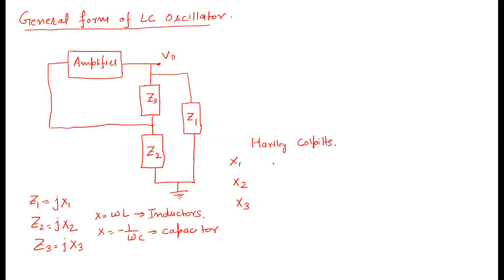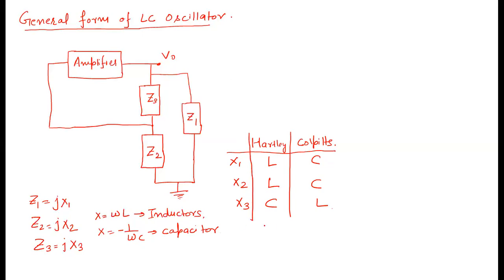For Hartley, X1 is L, and for Colpitts, X1 is C. Similarly, for Hartley, X2 is L, and for Colpitts, it is C. For Hartley, X3 is C, and for Colpitts, it is L. So we can draw this table for the Hartley and Colpitts oscillators.